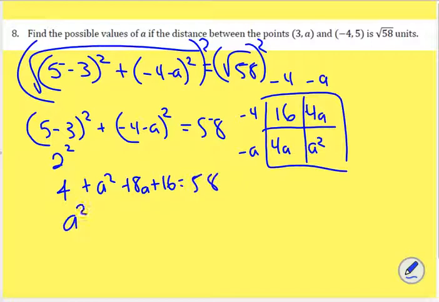Now if I simplify everything onto one side, that's a squared plus 8a plus 16 plus 4 is 20, but then I've got to subtract 58 over. So negative 58 plus 20 is going to give me negative 38.